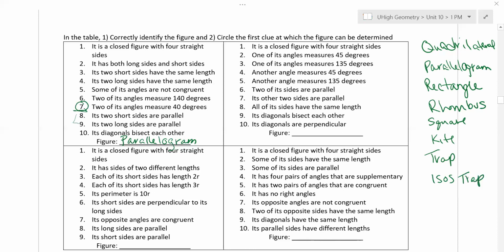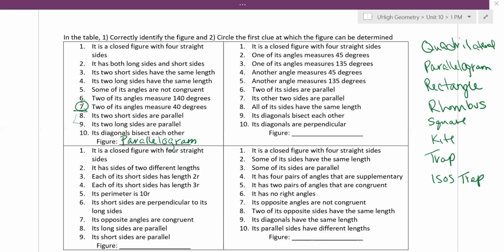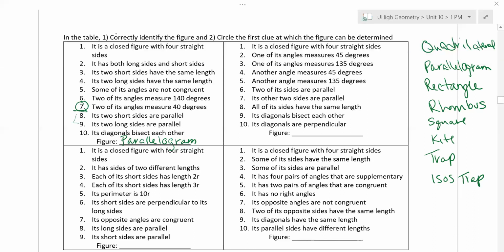Okay, so in this one, it is a closed figure with 4 straight sides. So I know for sure I have a quadrilateral. One of its angles measures 45 degrees. Number 3 says one of its angles measures 135 degrees.